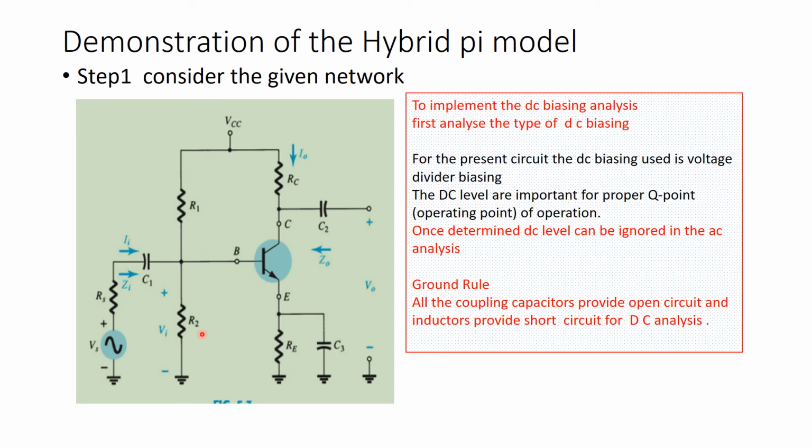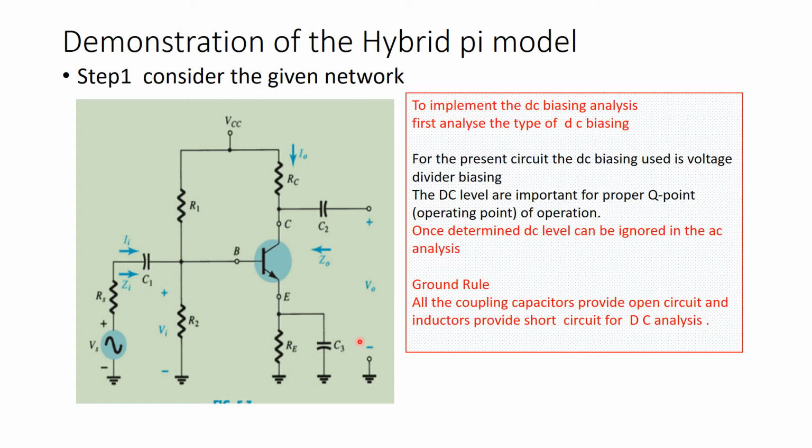While doing the DC analysis, you short circuit the capacitors and the DC source and perform the DC analysis. Once the DC level, or the Q point, is set, that can be ignored and you perform the AC analysis.